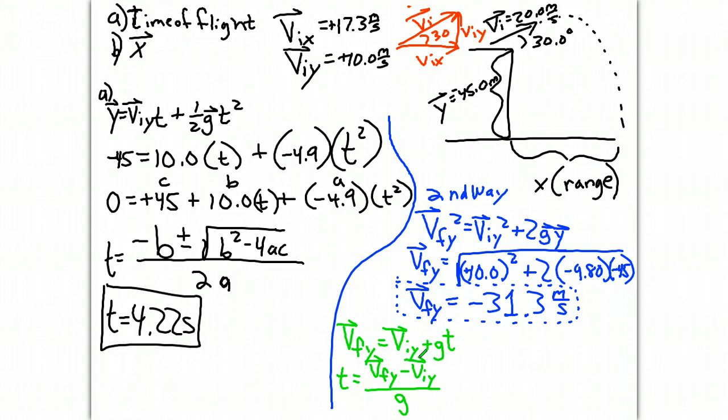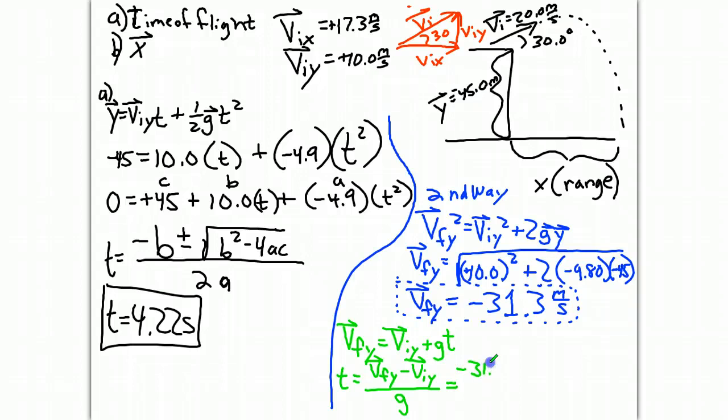Now some students will attempt to just put the same values in for VIY and VFY, but that's similar to example 3.5 where you had ground to ground. You cannot do that anymore. The final velocity has to be bigger because it goes over a cliff, so it has more time to speed up.